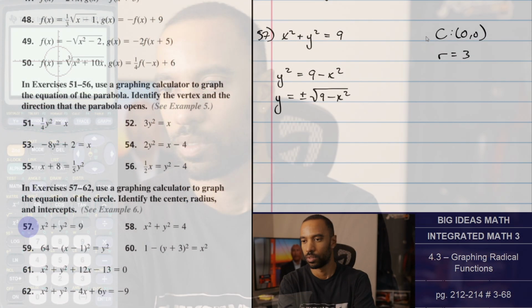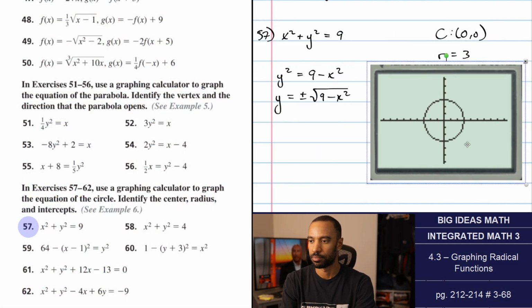Y equals positive square root of 9 minus x squared, and y equals negative square root of 9 minus x squared. Okay, a circle with a radius of 3. Top half, bottom half. And there you have it. Center at the origin, by the way.